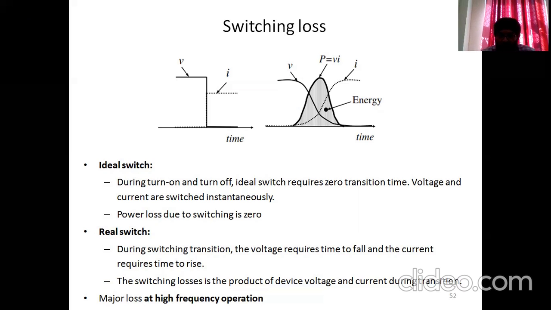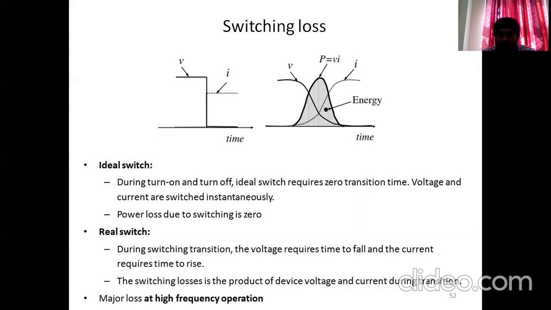That transition time will cause a switching loss, because voltage takes some time to fall or rise, or current also takes some time to rise or fall. So where they both cross each other, we have a switching power loss. If these switches are transitioning at a very high speed, it means that a number of transitions happen during some particular time instant.